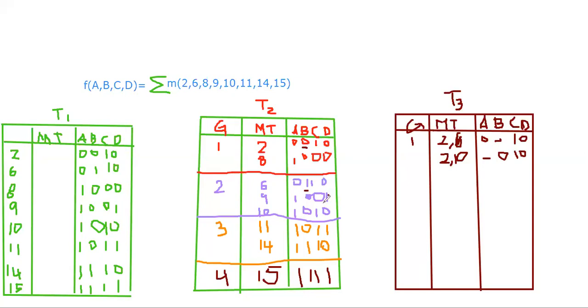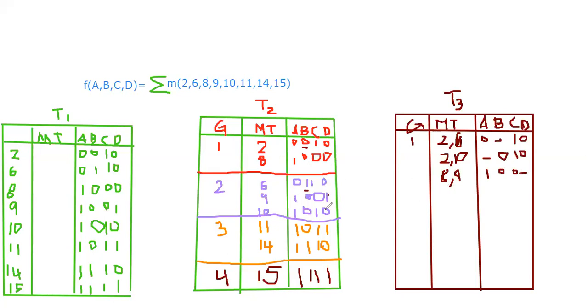We'll compare 8 and 9. There is one difference in bit position D, so we'll group 8, 9. The difference is in bit position D, dash. Now we will compare 8 with 10.